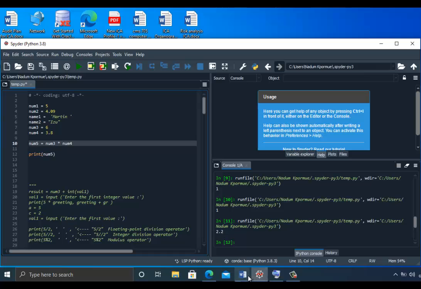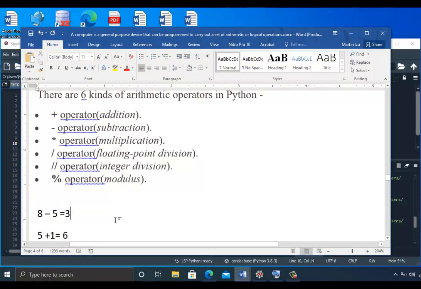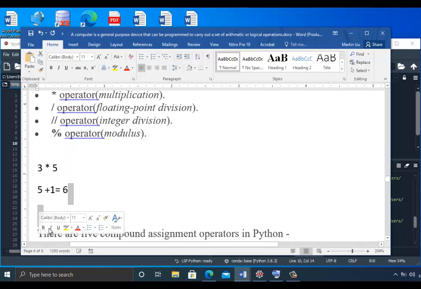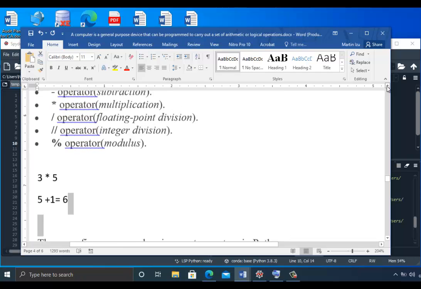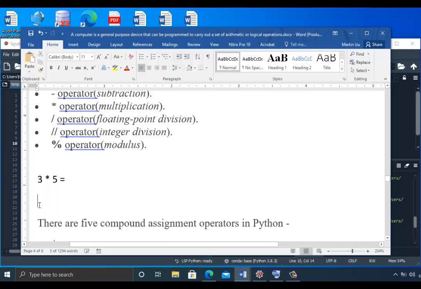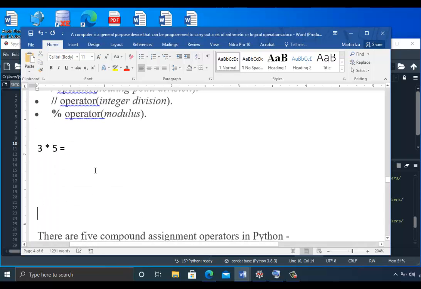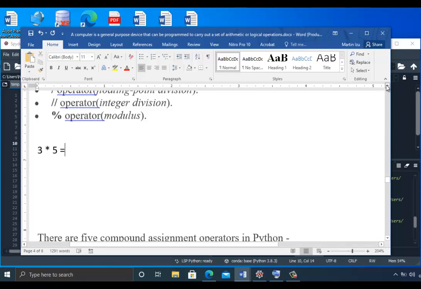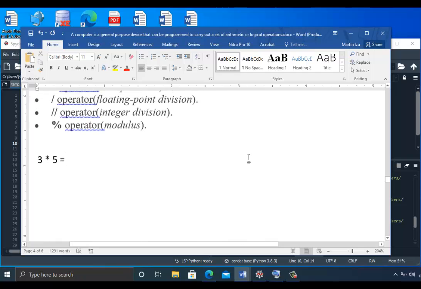Okay, so if we go back here, if we say 3 times 5, what do we mean? The meaning of this expression is how many times you are going to add the value 3.